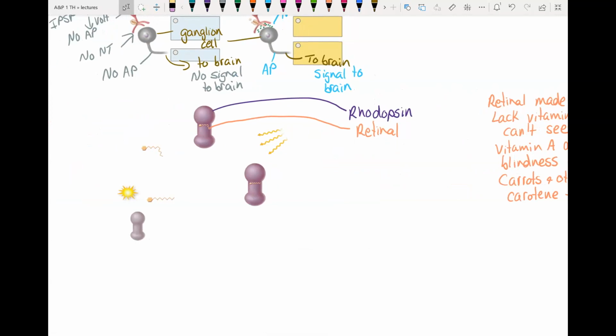So let's go back to exactly what the rhodopsin and retinol do. Here the retinol is bent. So this is called cis retinol. Here you can see the retinol is straight. This is called trans retinol.